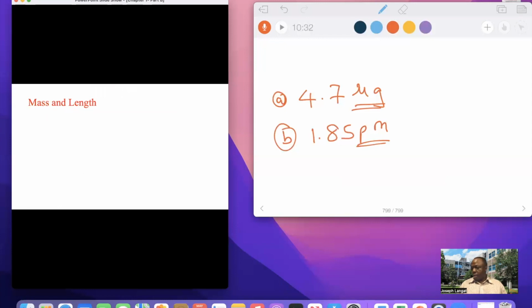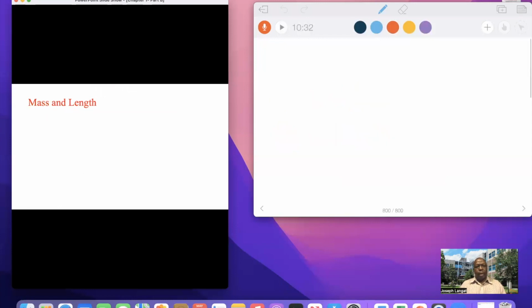All right, let's look at the mass and length measurement in metric. Mass is simply used to define the amount of matter in an object, all right? It's simply the amount of matter in an object, a measure of the amount of material.